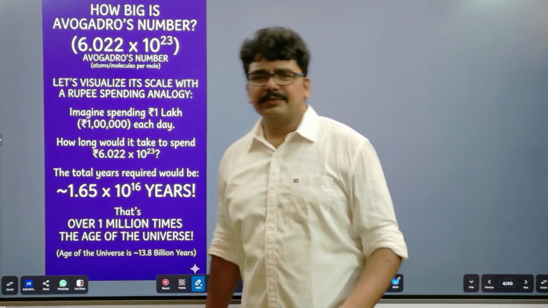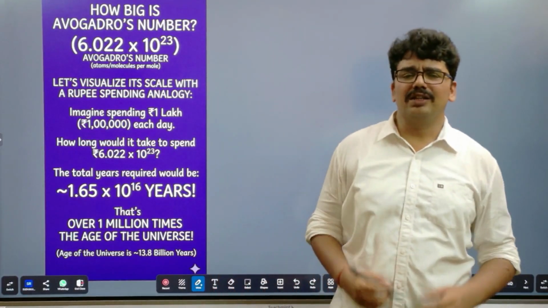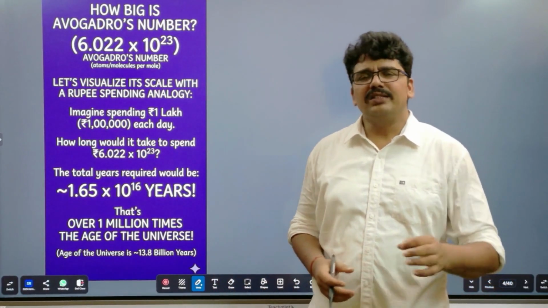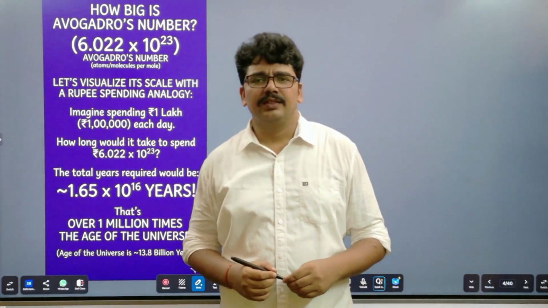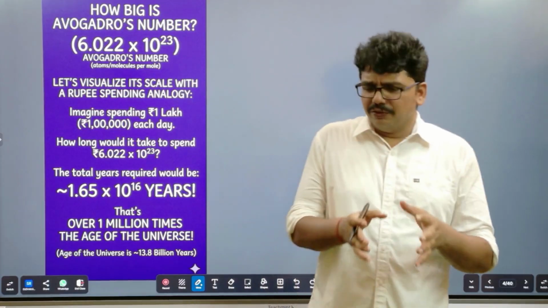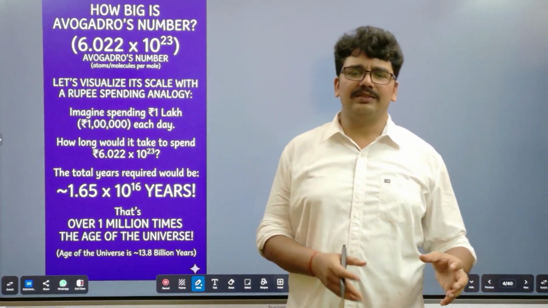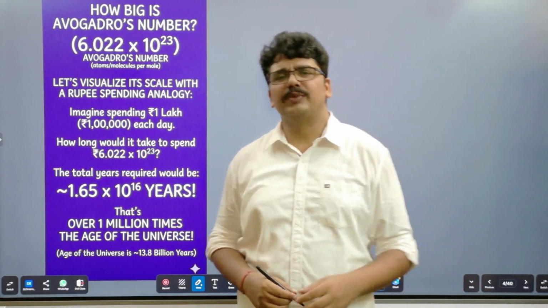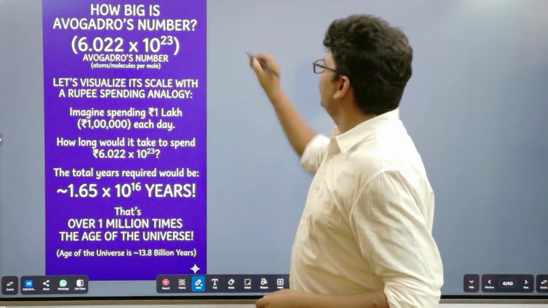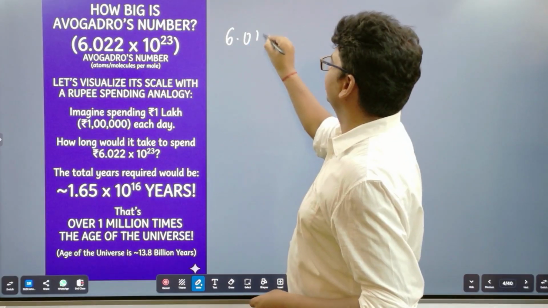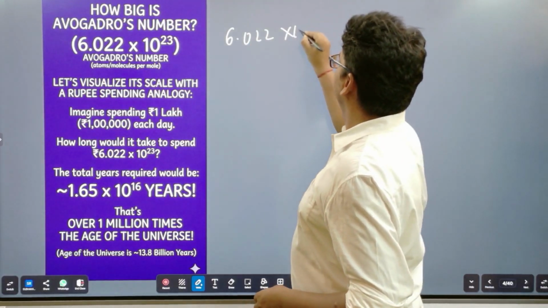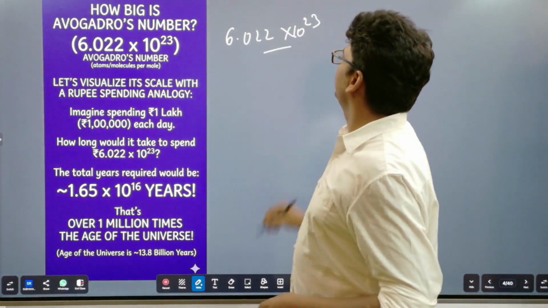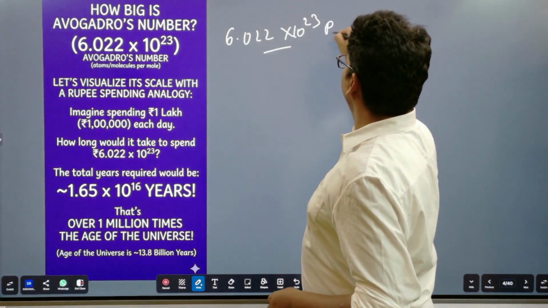To understand the hugeness of Avogadro number, how much big it is, one simple analogy. Suppose we are spending 1 lakh rupees per day. So we have Avogadro rupees, 6.022 into 10 power 23 rupees.